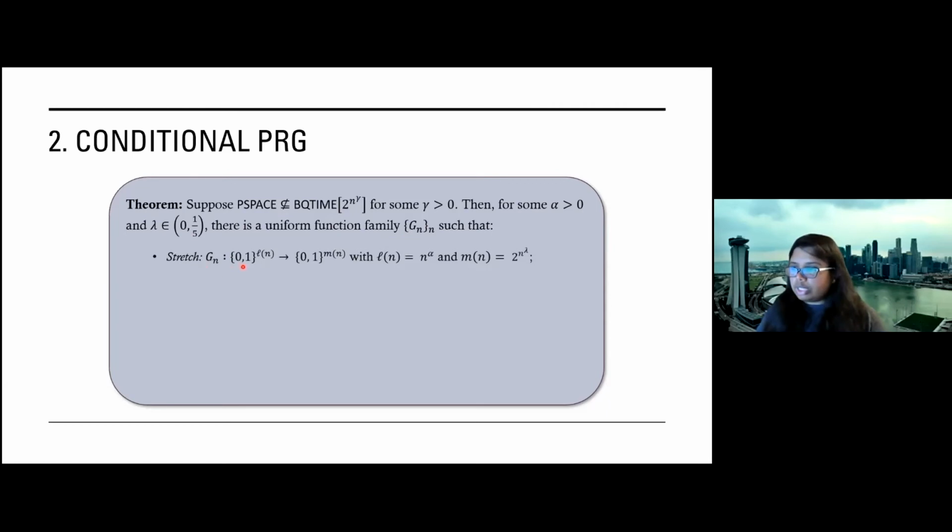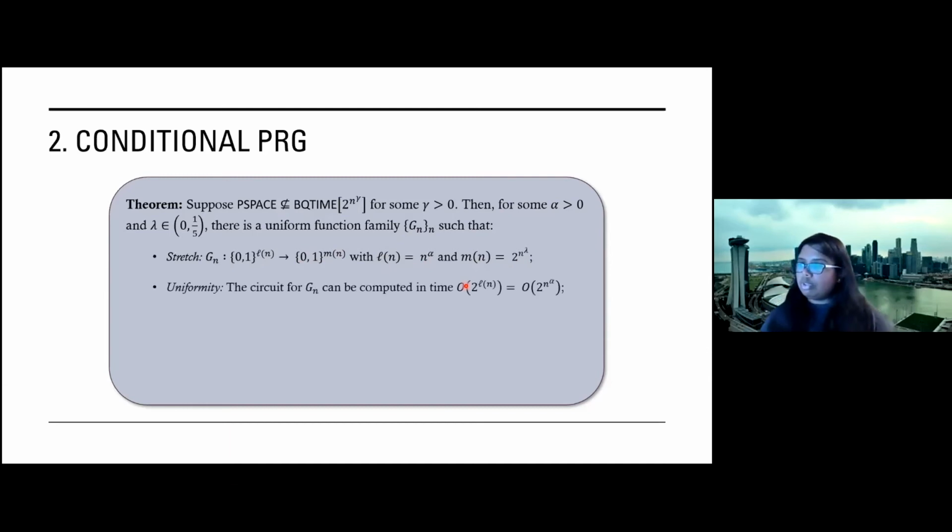It stretches an L of n bit string into an M of n bit string. So L of n, think of it as being polynomial in n, and M of n is sub-exponential in n. So you take a polynomial amount of randomness, and you can hopefully stretch it out to sub-exponential.